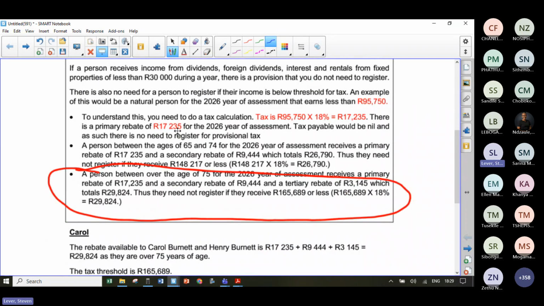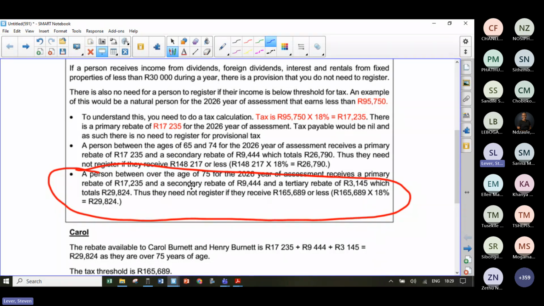I've said, if you're under 65, there's your threshold, the 95,750. If you're between 65 and 74, it's 17,235 plus 9,444 divided by 18%. Your threshold's 148,217. Or if you're over 75, it's 165,689. So the first thing you'll do is you'll say, am I above the threshold?